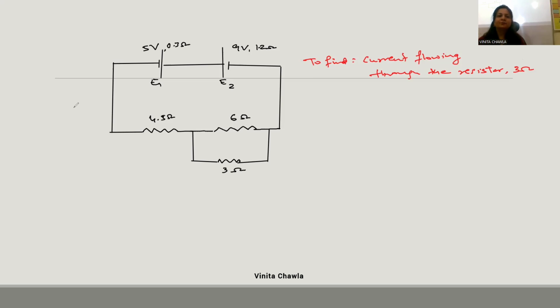देखो अब यहाँ पे क्या है? कैसे करेंगे? First, let's find net EMF. How will you find net EMF? We'll add them.